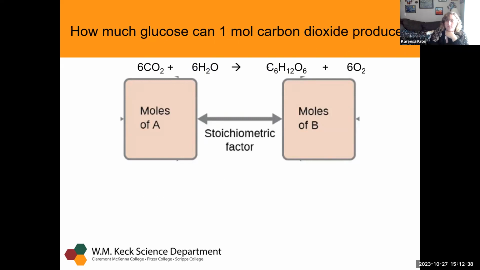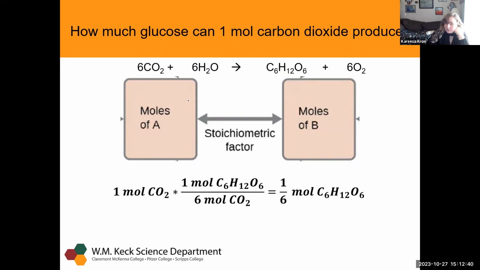And so to do this calculation, I do some dimensional analysis where I say 1 mole of CO2 is my input, and for every 6 moles of CO2, I produce 1 mole of C6H12O6, or glucose. And so this is a stoichiometric factor that I pulled directly from the coefficients in this equation. And there's sort of an implied 1 if we don't have a number.